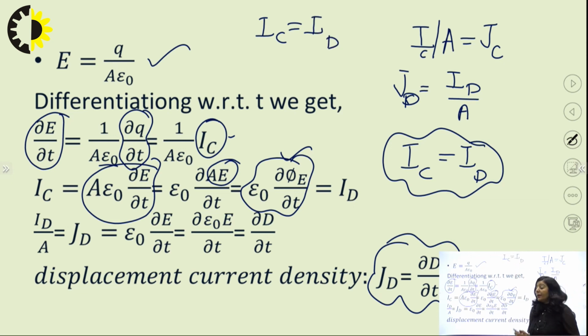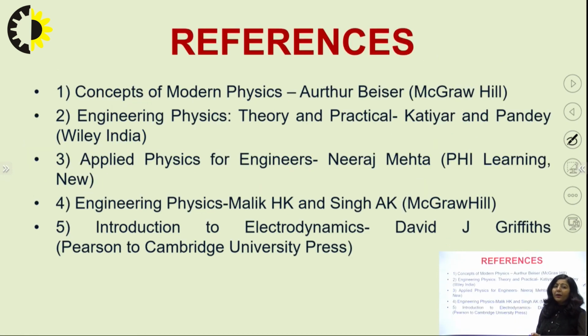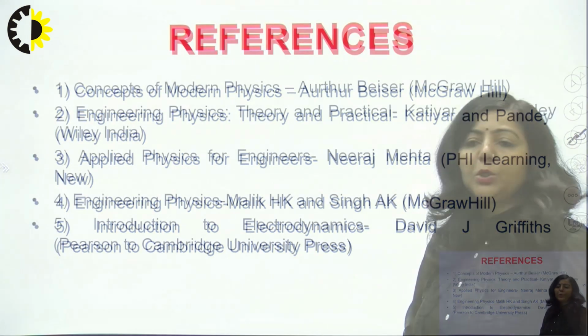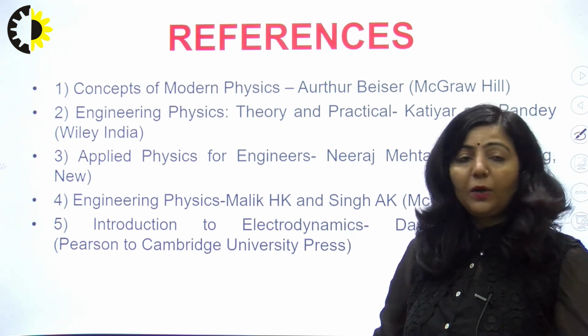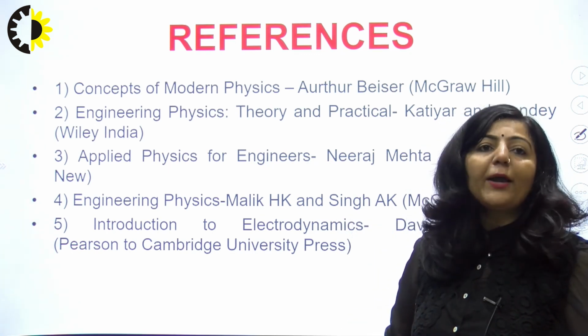So in today's topic, what you have learned is that in electromagnetics, 4 Maxwell equations are there, and those 4 Maxwell equations come from 4 basic laws of electrostatics and magnetostatics. And in those 4 Maxwell equations, the last equation, which is actually a bridge between electric field and magnetic field, is your modified Ampere's law.